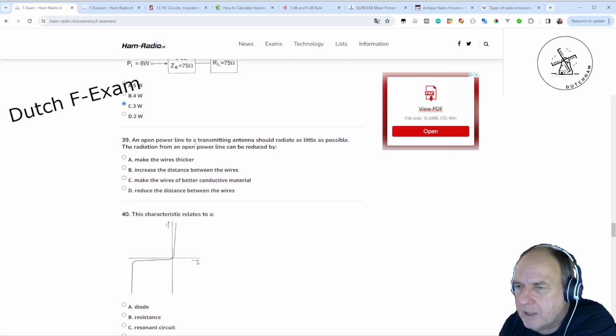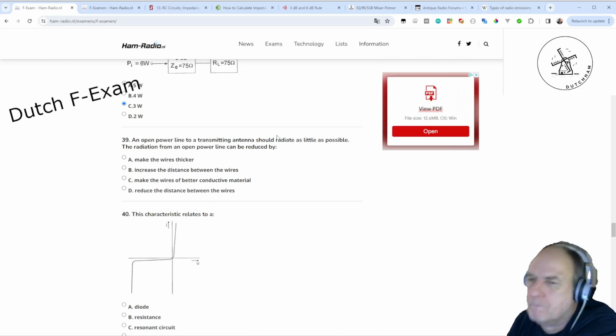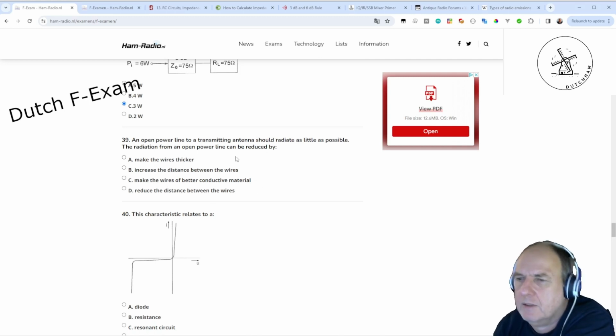An open power line to a transmitting antenna should radiate as little as possible. The radiation from an open power line can be reduced by... I never thought about this.